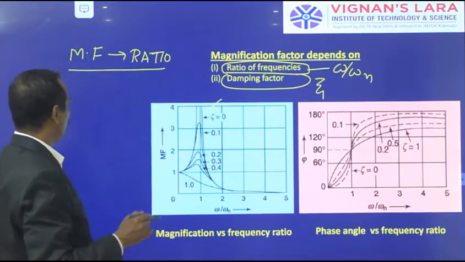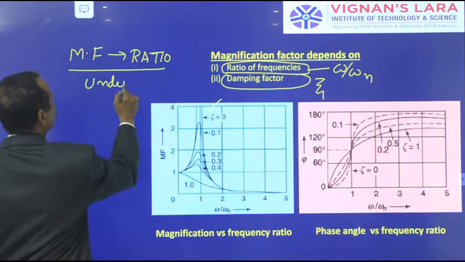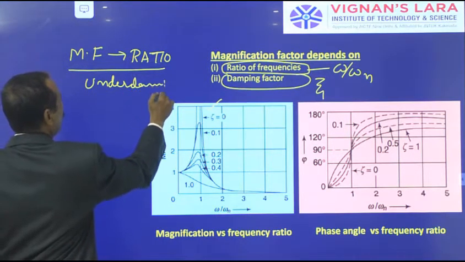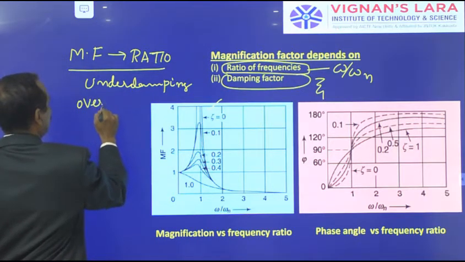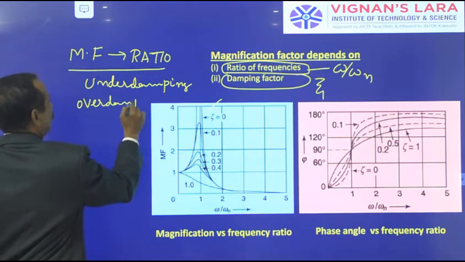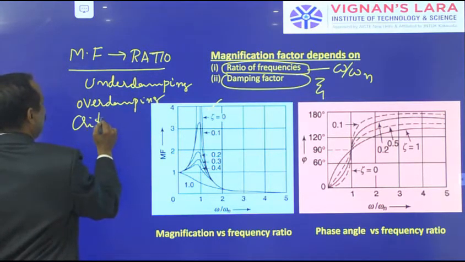We know that there are three cases: underdamping, overdamping, and critical damping. We have discussed these in the damped vibration lecture.